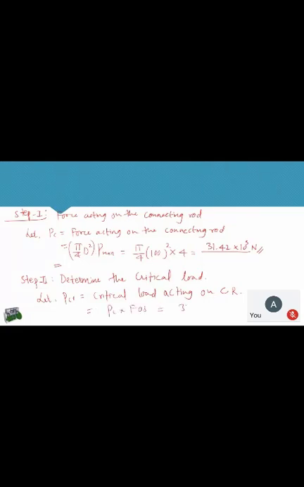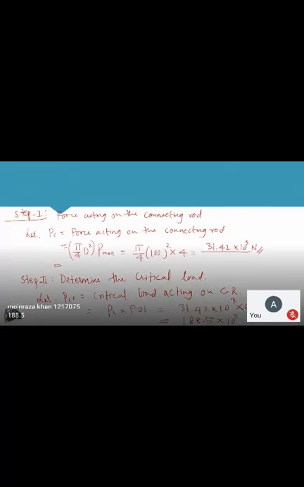So you have 31.42 kilonewton multiplied by how much factor of safety should I consider? Somewhere between 5 to 6. 6 is given, sir. Okay, let's say I'm selecting 6. So it is equal to 188.5 into 10 raised to 3 Newton.